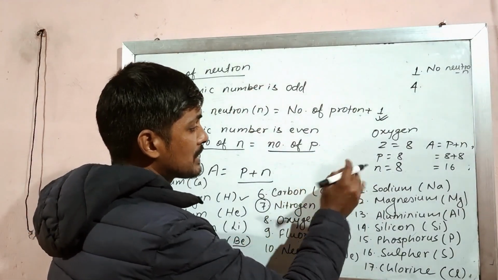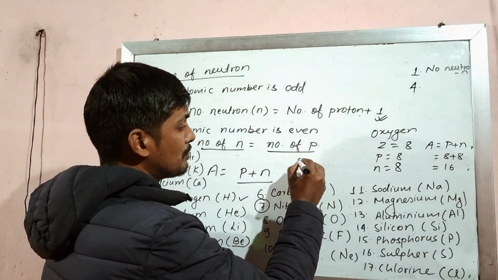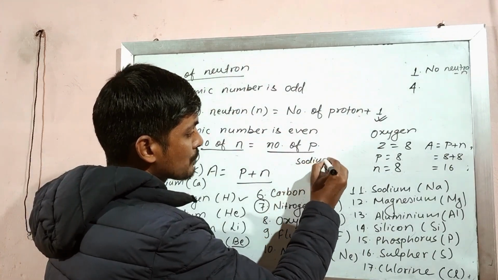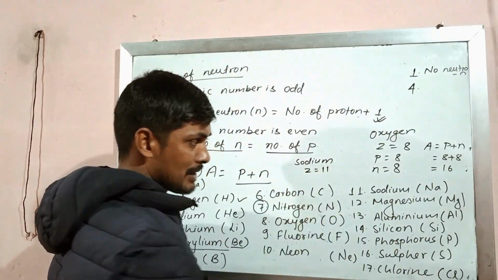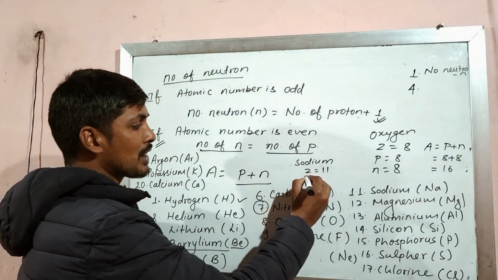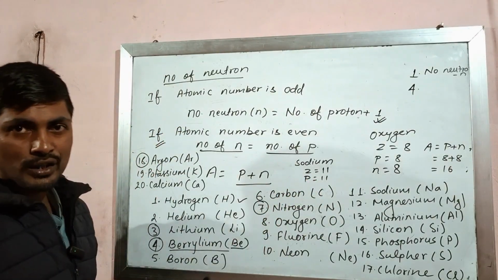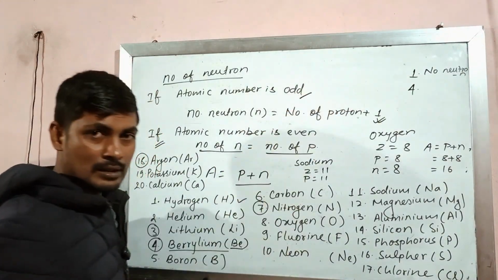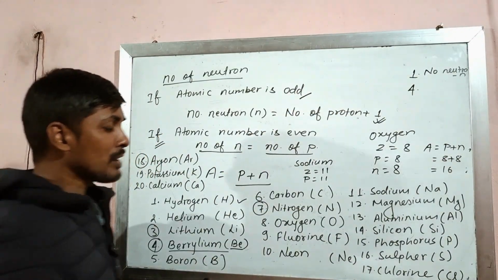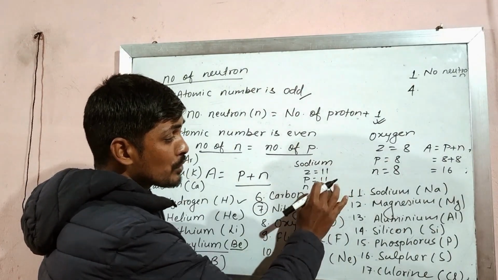Similarly, if we take another element, suppose sodium. What is the atomic number of sodium? Z is equal to 11. It means how many proton are there? 11 proton. This 11 is odd number or even number? It is odd number. And in case of odd number, what will be the number of neutron? Proton plus 1.